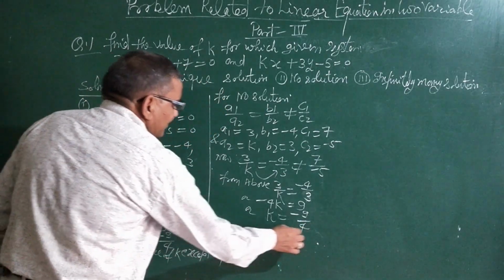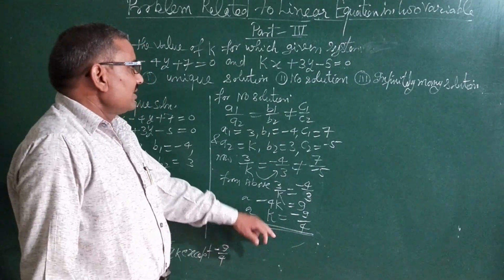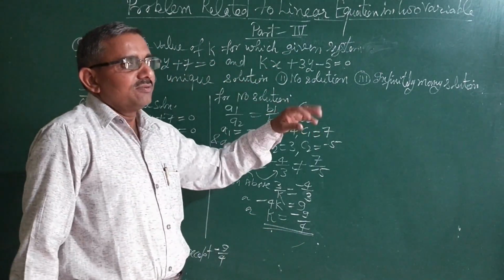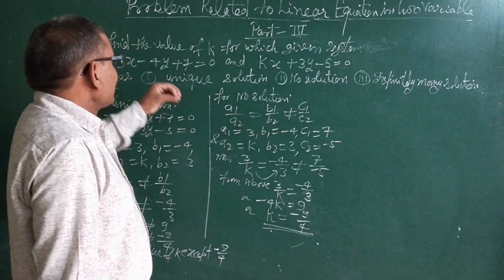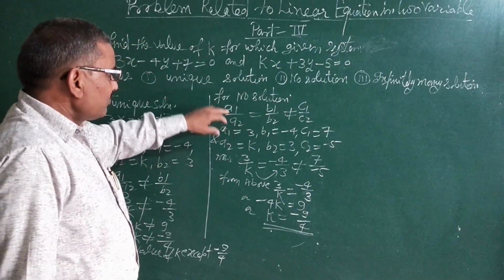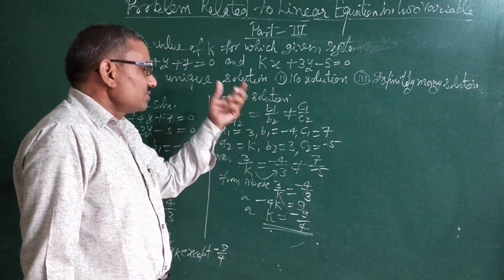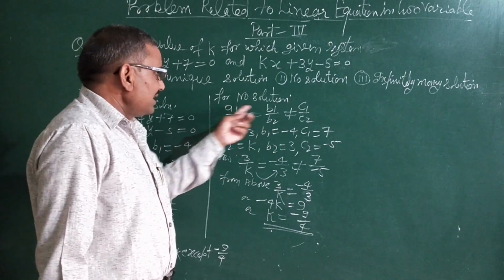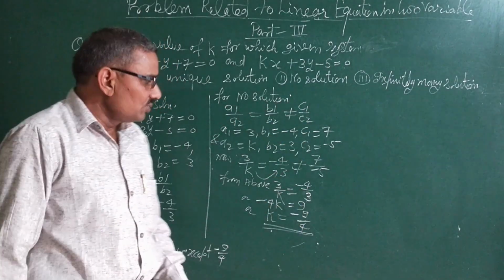Therefore, if the value of k is minus 9 upon 4, then the system of equations will give no solution. For this case, we have to find the values of a1, b1, c1 and a2, b2, c2 and put all the values in the relation a1 upon a2 is equal to b1 upon b2 is not equal to c1 upon c2.